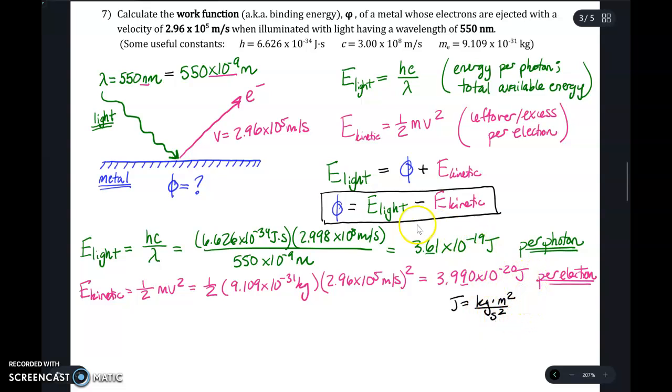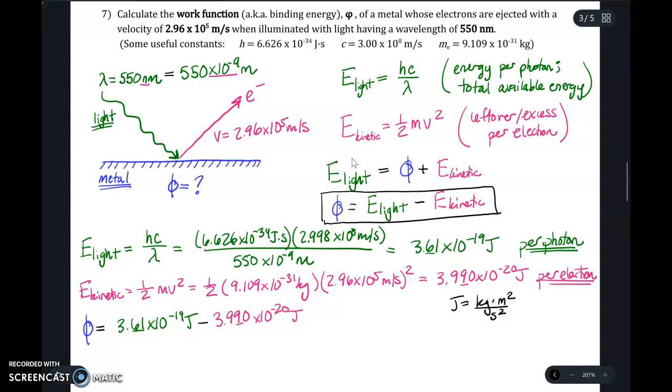So now that we've got our two values in joules, and they're per particle values, we can plug those into this equation to get what the work function is. So my work function is going to be equal to my energy of my light, so 3.61 times 10 to the negative 19th joules, minus my kinetic energy of the electron, so 3.990 times 10 to the negative 20th joules.